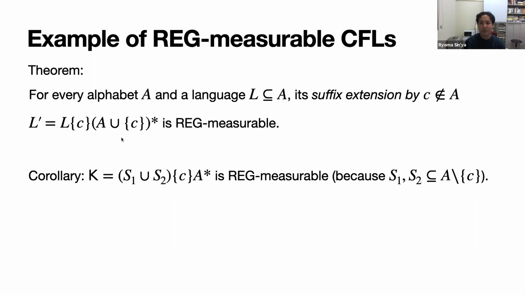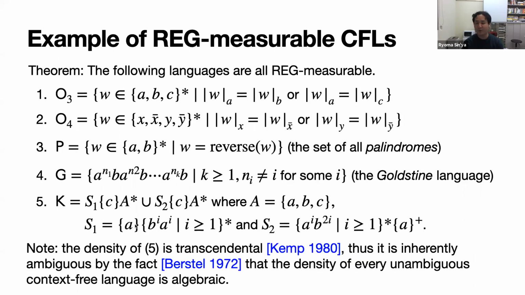This is the suffix extension of L by c. And we showed that for any language L, this is regular measurable. Because the language defined by K_emp is of this form, (S1 ∪ S2)c(A ∪ {c})*, it is regular measurable, since it is the suffix extension of S1 ∪ S2, where S1 and S2 do not contain the letter c and only consist of a and b.